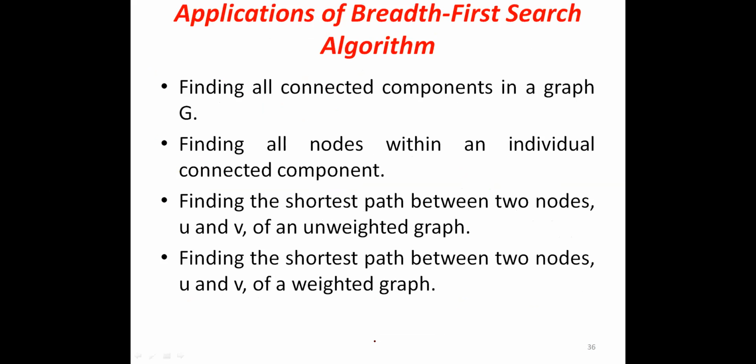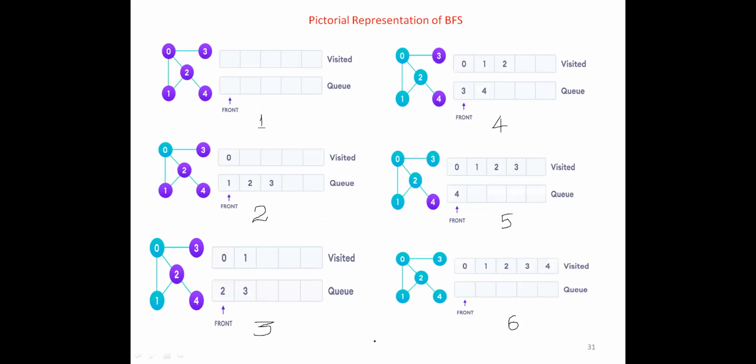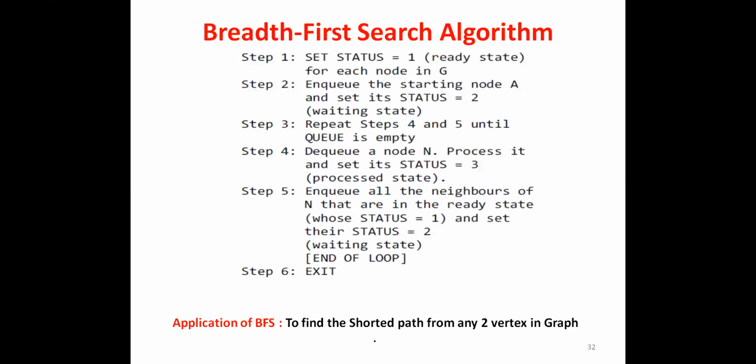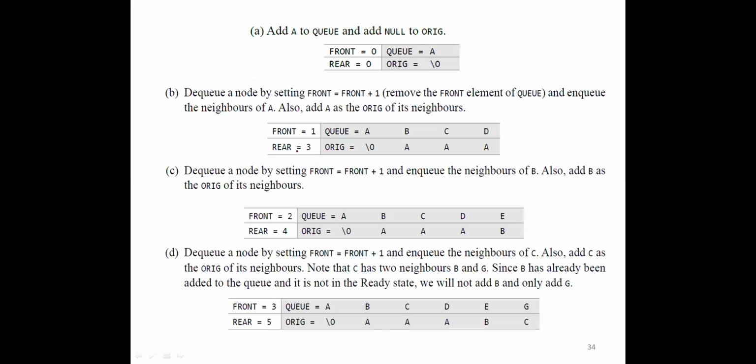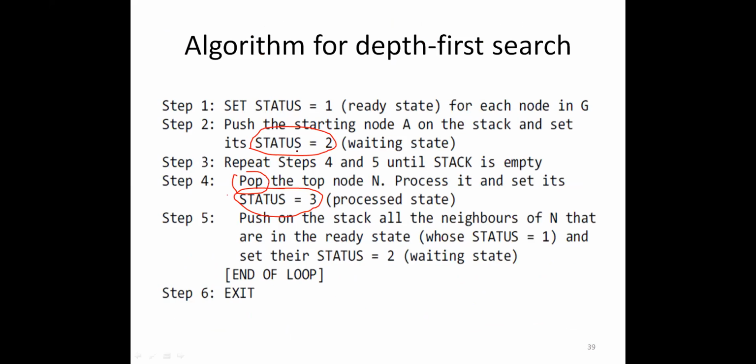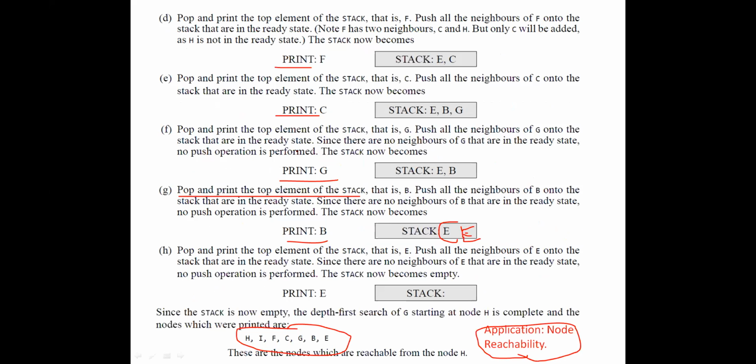So this is the BFS example we have taken, finding the shortest path. This is an unweighted directed graph. BFS will work for finding the shortest path in the case of unweighted graphs. So that is a disadvantage.